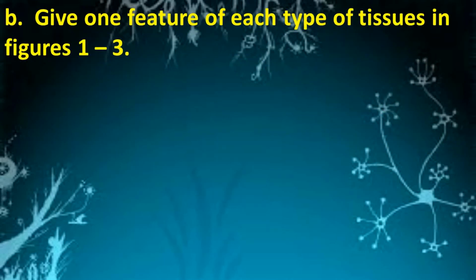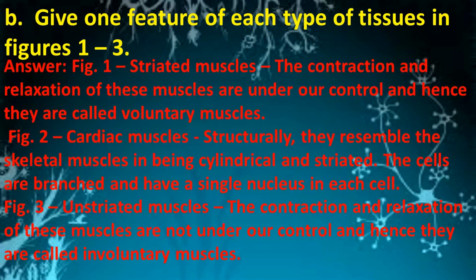Next question. Give one feature of each type of tissues in figure 1 to 3. Figure 1, striated muscles. The contraction and relaxation of these muscles are under our control, and hence they are called voluntary muscles. Figure 2, cardiac muscles.